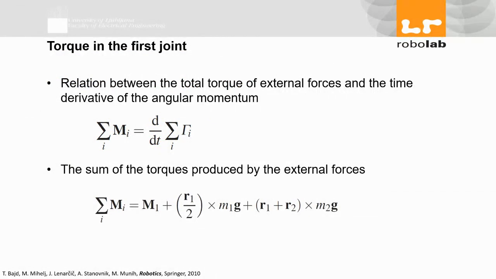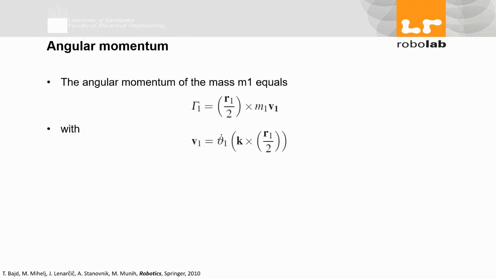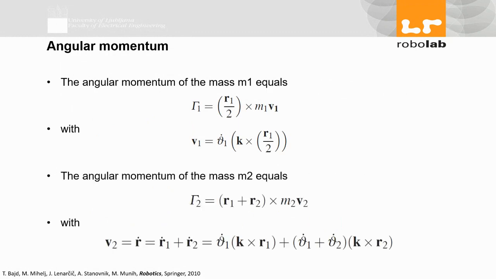The sum of the torques produced by the external force coming from outside is m1, and the gravity force exerted on the mass of the robot itself and the load it carries.